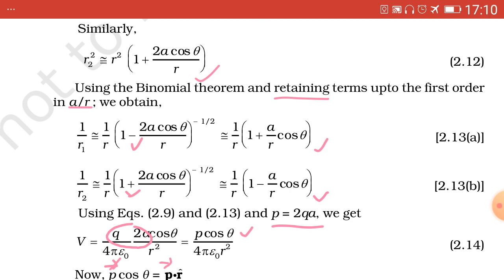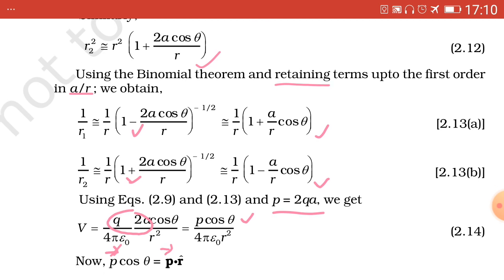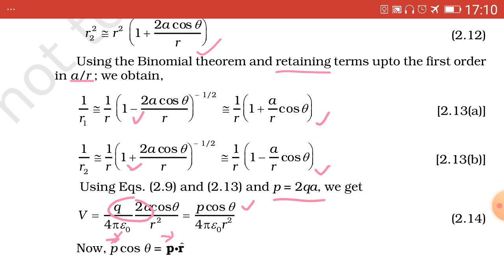In the first case, when r1 is considered, the minus sign is there, and for r2 the plus sign is there, which I have tick marked. Simplification in the first one leads to 1 upon r into 1 plus a upon r cos theta, and similarly for 1 upon r2 the sign becomes minus, that is 1 upon r into bracket 1 minus a upon r cos theta.